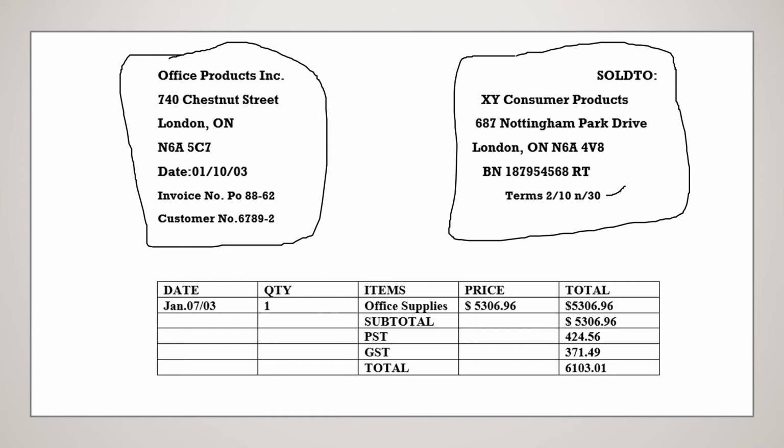Because the unit price times quantity will give you the same price, and then you'll get the subtotal and then add your PST, which is provincial sales tax, and then GST.